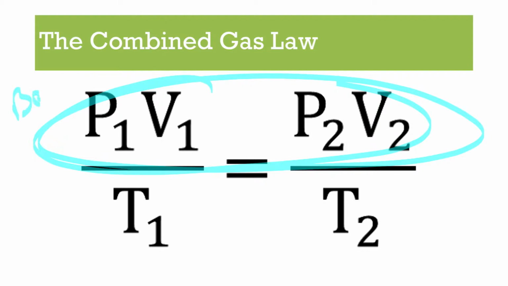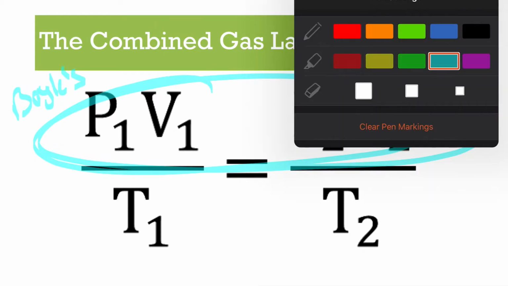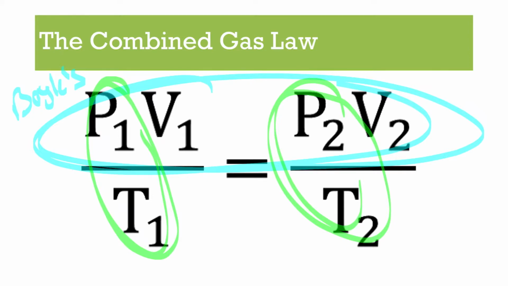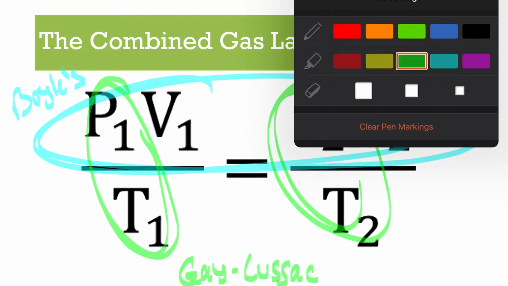Here in blue, hey look, that's Boyle's law. If we look at the green, doing P, that is pressure and temperature, that is Gay-Lussac.